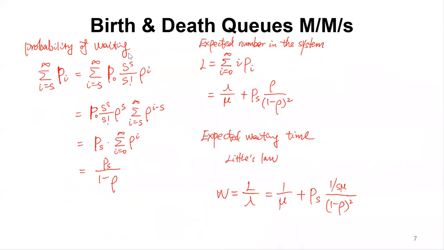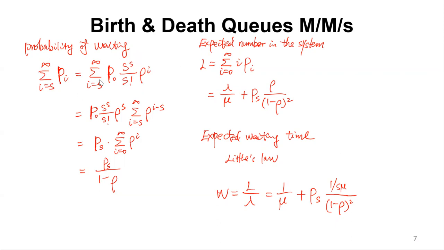Now, what's the probability of waiting? There are S servers. If there are fewer than S customers, we won't have people waiting. So the summation is from S to infinity. If there are S customers, they are all in the servers. When the next one comes, it will wait.